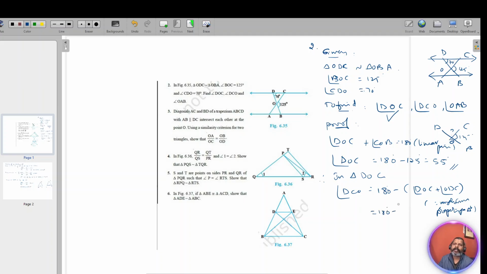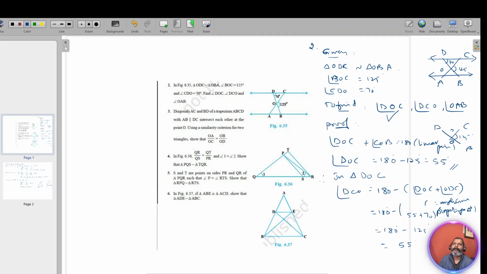What is DOC? We just found 55. What is ODC? ODC is given. ODC and CDO are same, 70. 180 minus 70, 125, which comes to again 55.